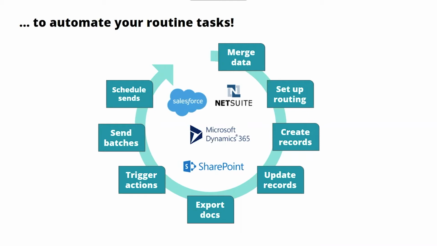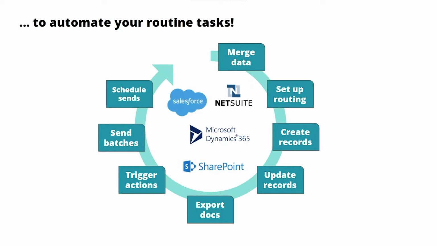So with the AirSlate automation tool, we really shine at automating routine tasks like merging data into the documents, data from CRM or ERP systems, setting up document routing for negotiation, approvals, or a signature, creating new records in your system of record using the document data, or updating existing records, exporting documents that were signed and storing them in your system of record or in some external system of your choice.